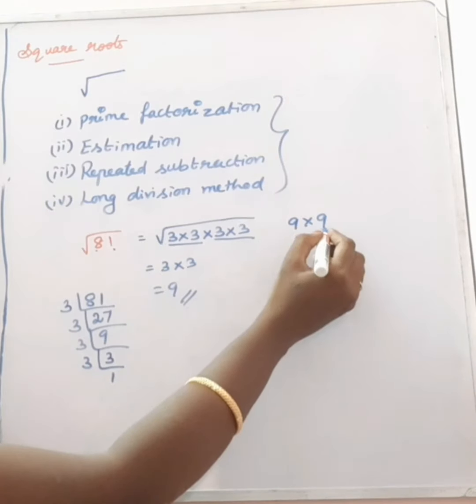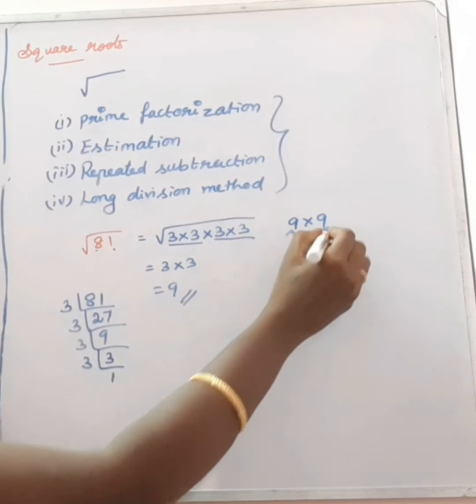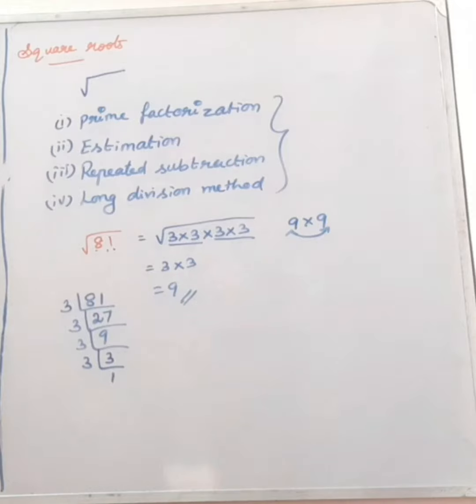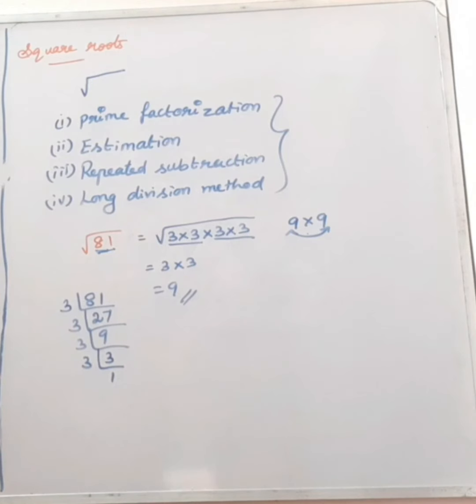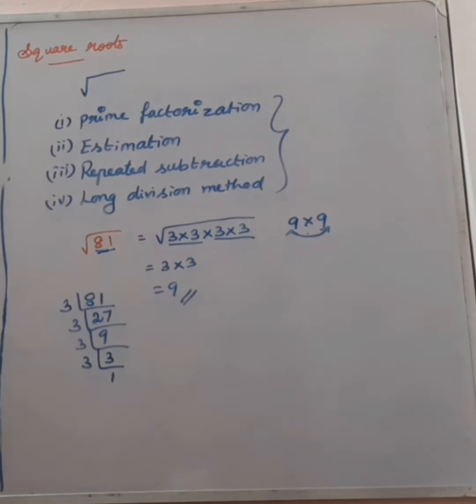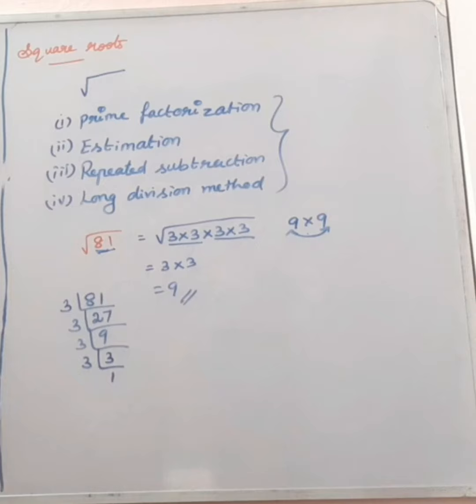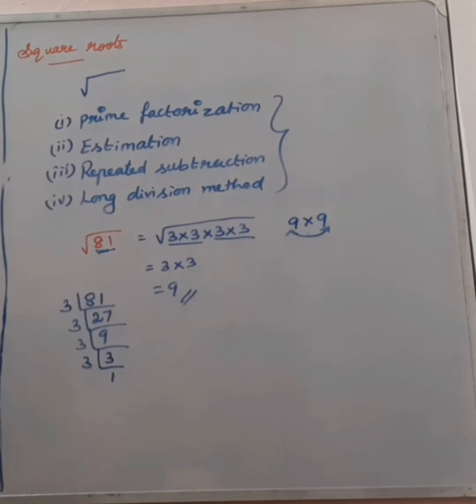The same number multiplied by itself gives the square value. The two same numbers multiplied together to get the given number, that is called the square root. Okay, let us move on to the exercise sums.